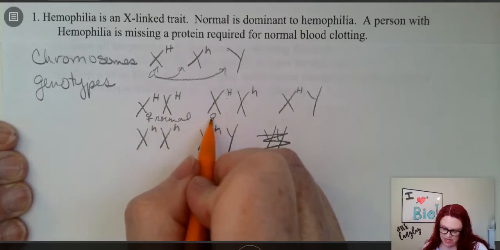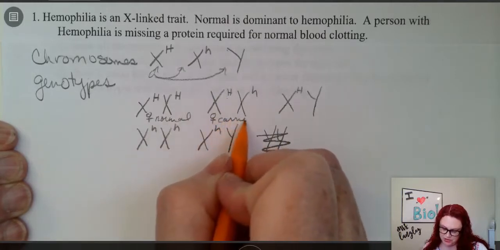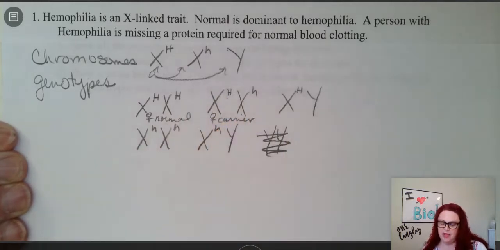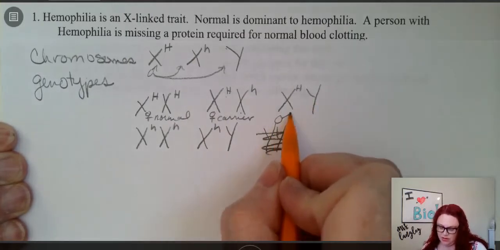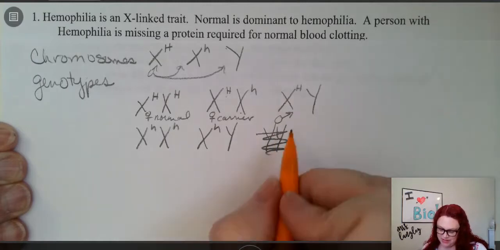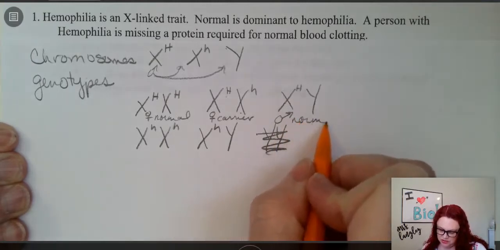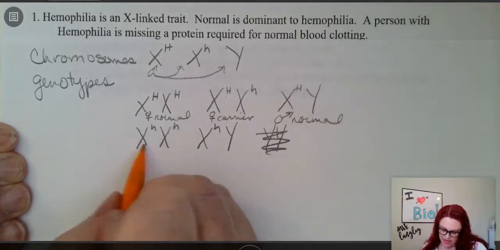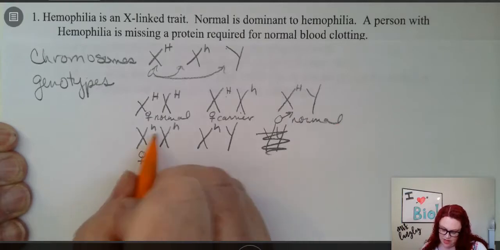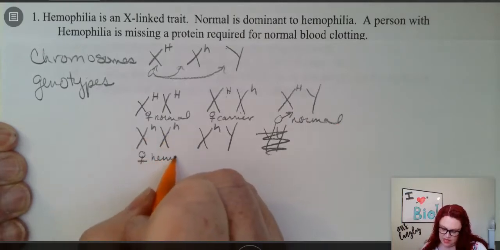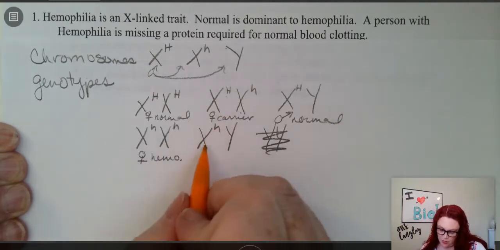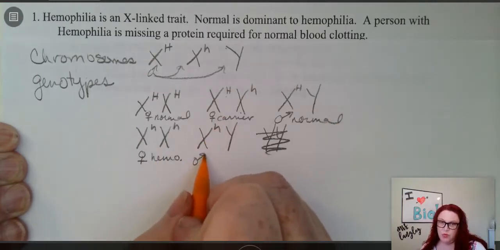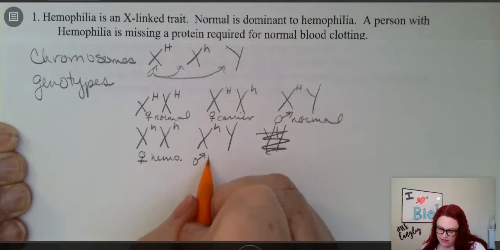That means female carrier. Now this is an X and a Y, so this one is a male, and it has the capital. That means it is normal. Here I have two X's, so I have female, and this one has hemophilia. Here I have an X and a Y, so that's male, but with the little h means hemophilia.